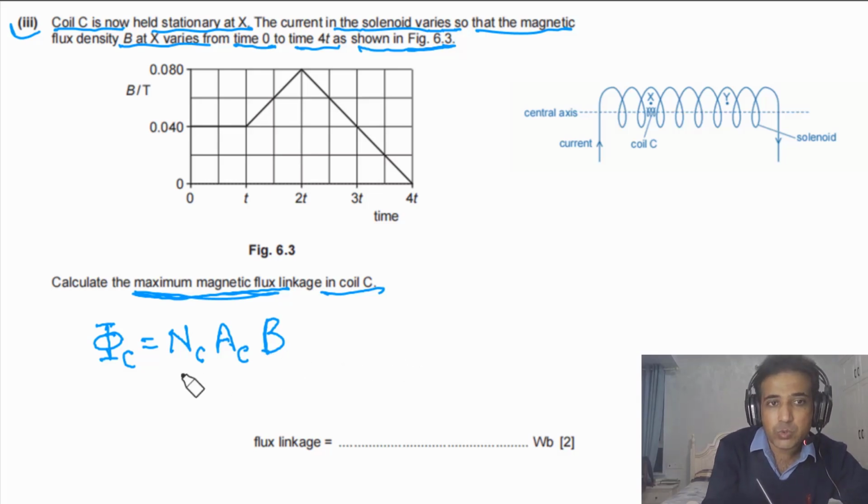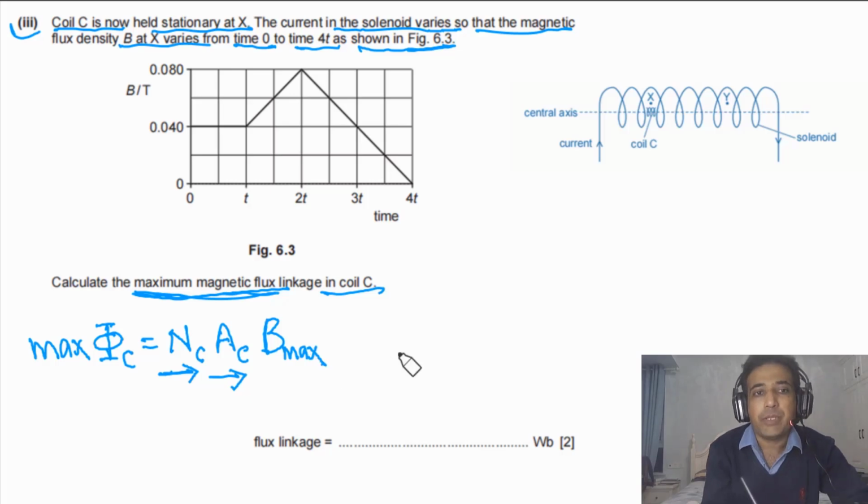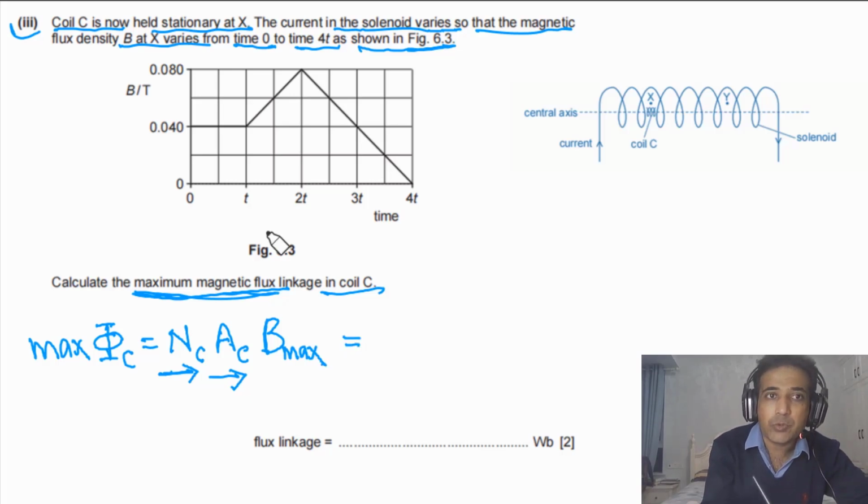In this case, N is constant, A of C is constant. So this value will be maximum when B is maximum. If you look at this given graph, here B is maximum.